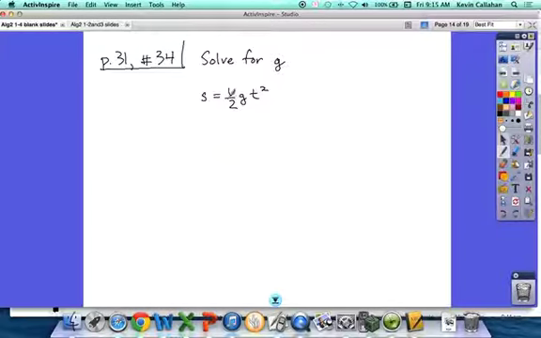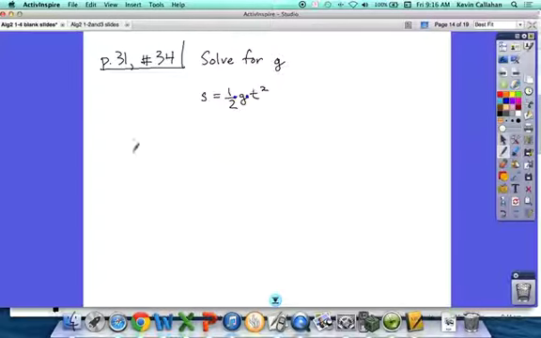Just half. How is the 1/2 operating on the G? What's going on in between those two? Some multiplication, right? What's going on in between the G and the T squared? It's another multiplication, right? When you write the letters right next to each other, that's a multiplication.